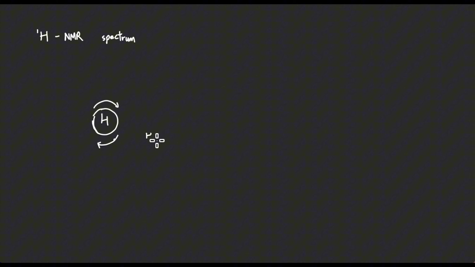If we have many hydrogens that spin in different directions, then when we apply an external magnetic field, the spinning of the hydrogen will align. Most of them will align with the external source, but a minority of them will go against the external magnetic field. It's like humans, some of us will follow the trend, but some of us will not.